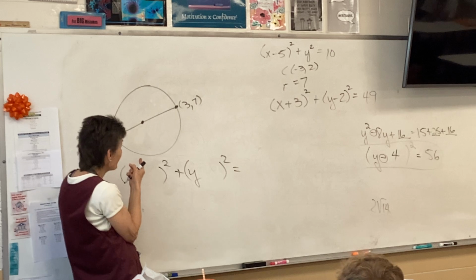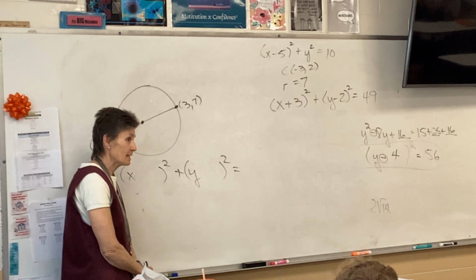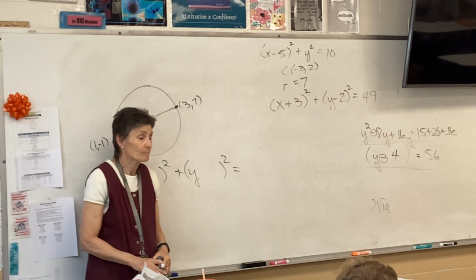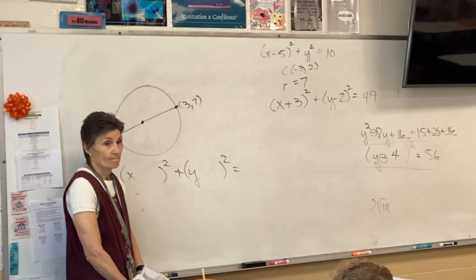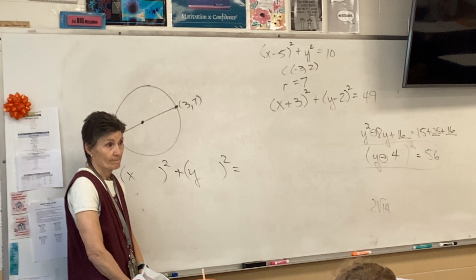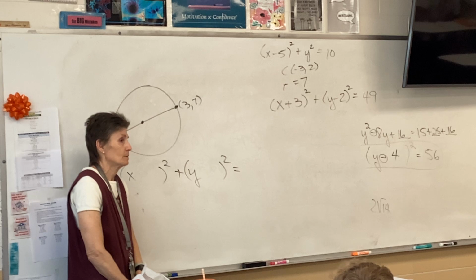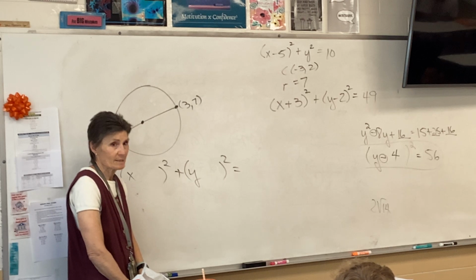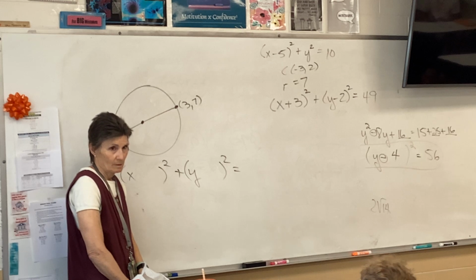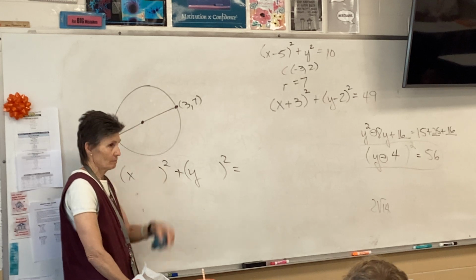That's what I know right now. So can I figure out anything I need from that? Can I figure out the center? Where is the center? Isn't that the center?